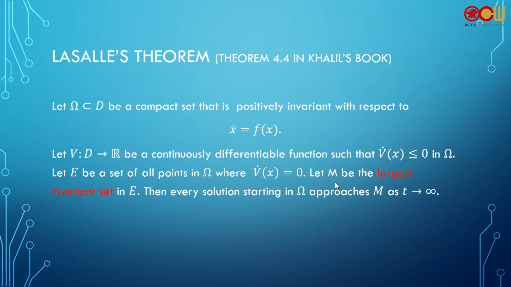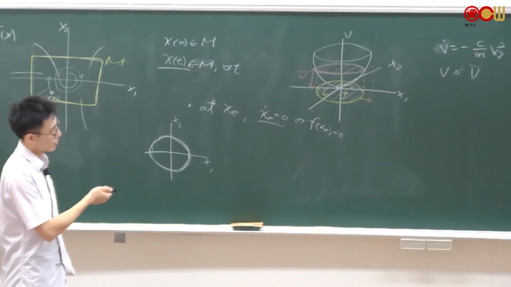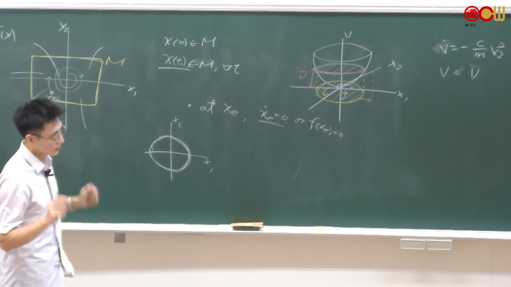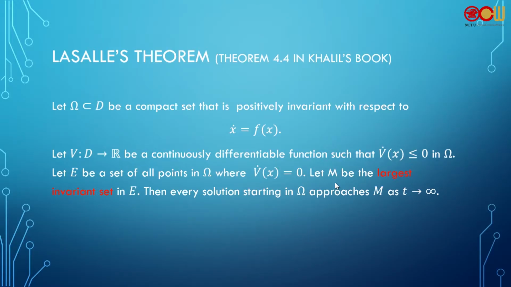LaSalle's theorem is the theorem we can use to bridge the gap in the pendulum case. In the pendulum case, we observe that the system will be asymptotically stable, but the best we can prove using the Lyapunov function is this, right? Which cannot conclude that it's asymptotically stable. So this theorem will bridge the gap between the two.